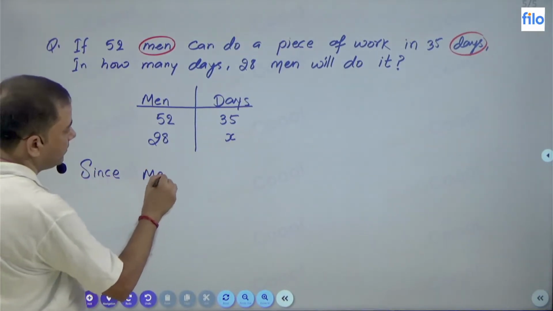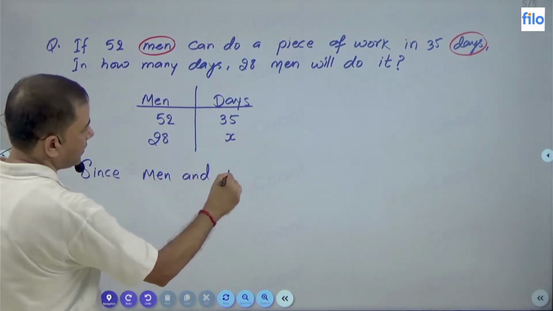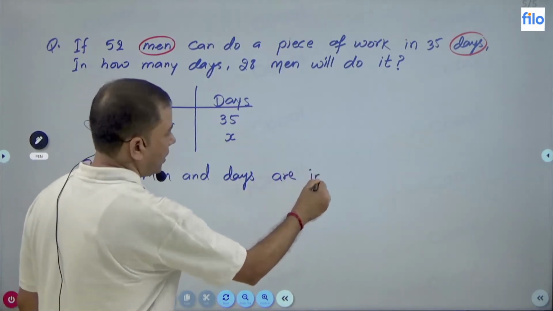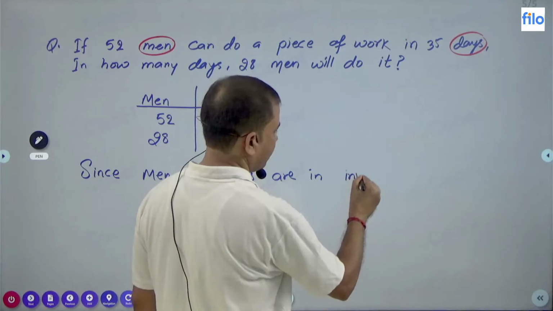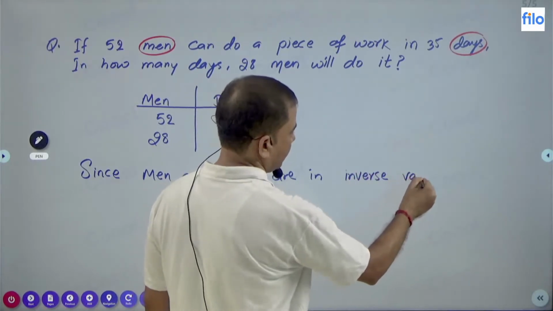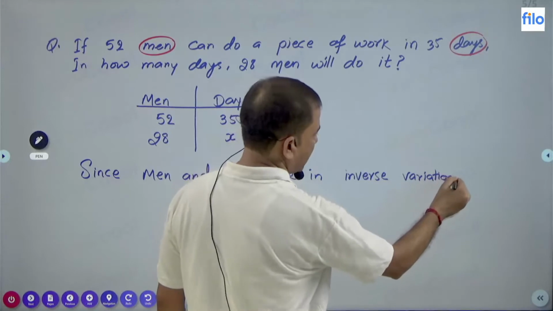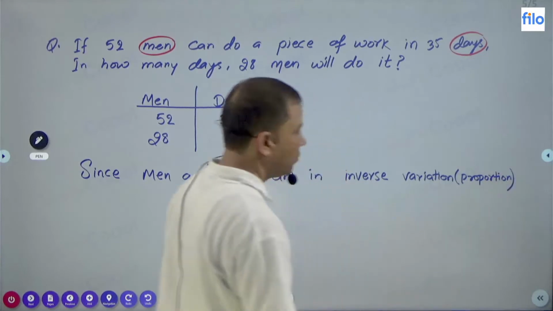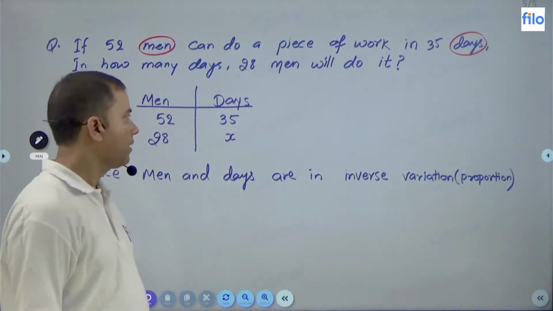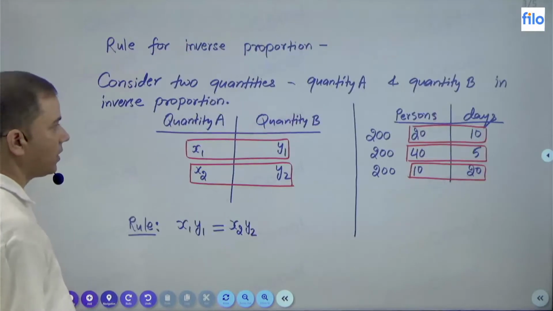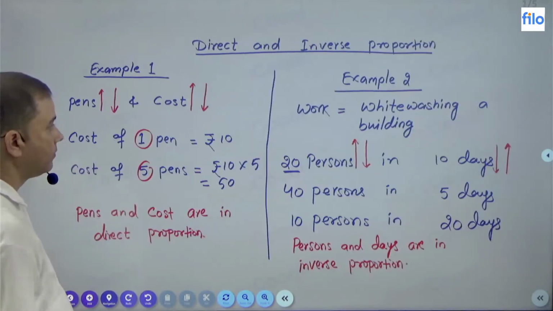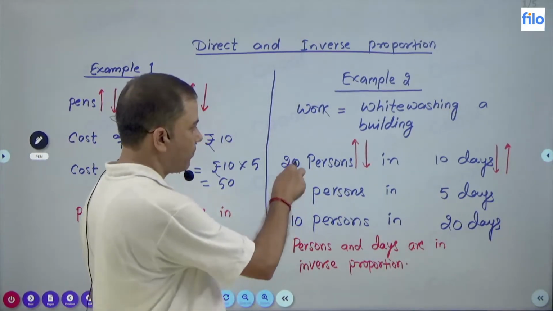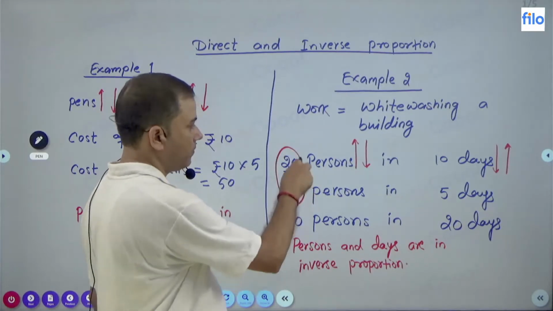Since men and days are in inverse variation. You can write inverse variation or inverse proportion. Why do we call it inverse proportion? Did you notice? See in this example, what is the ratio between 20 and 40? 1:2.